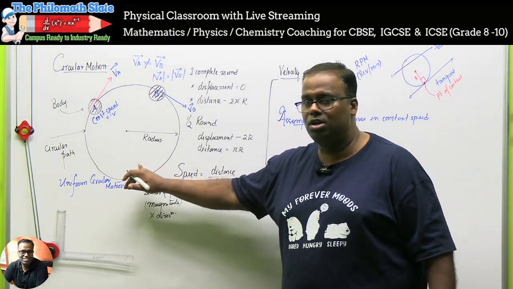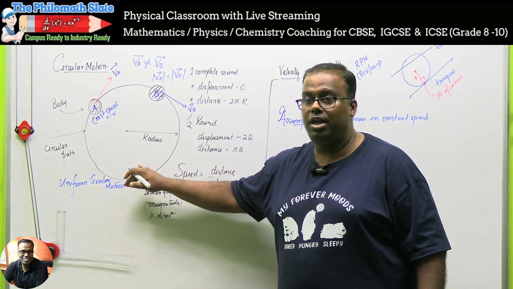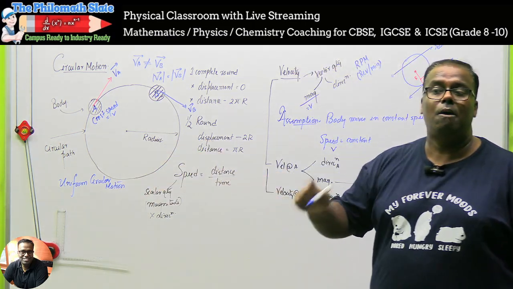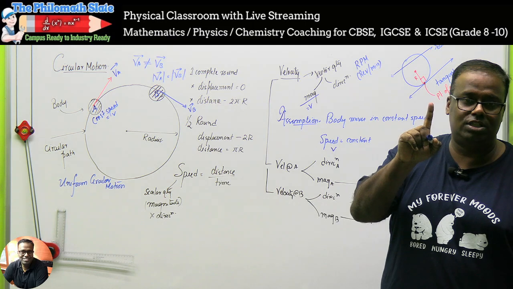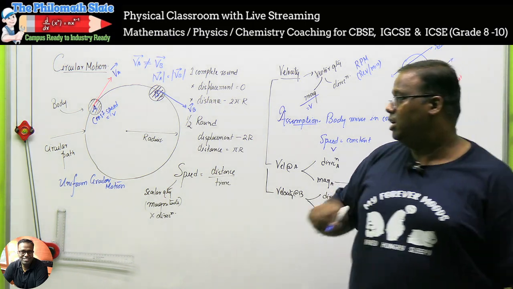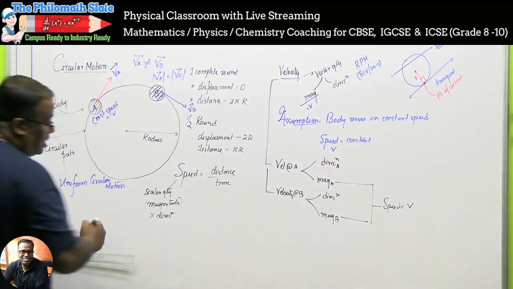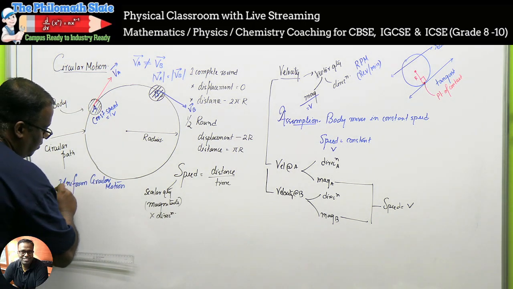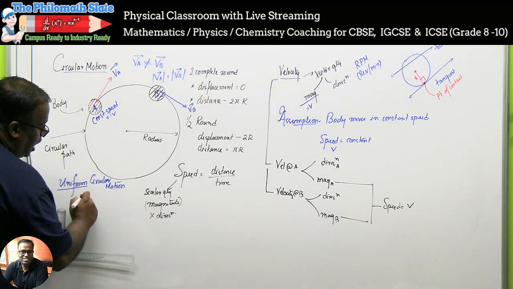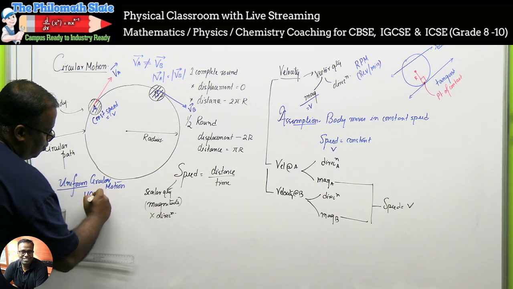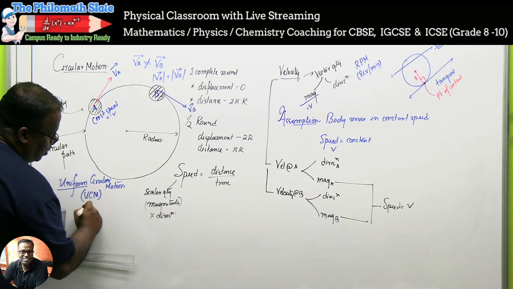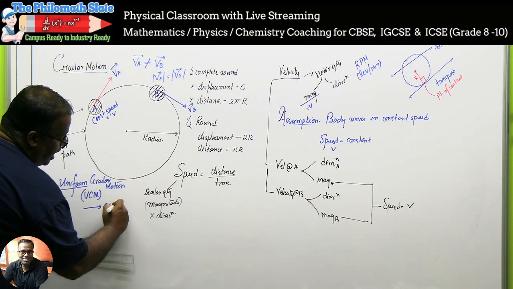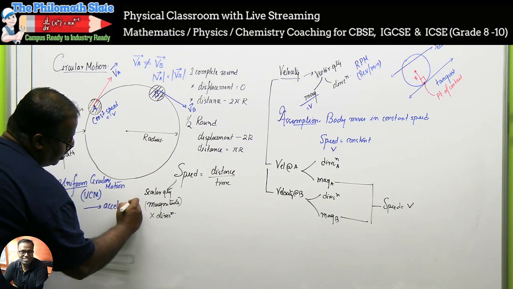In uniform circular motion, it is constant speed but not constant velocity. This comes as a true or false question. If it is not constant velocity, here is something your heart will find very difficult to absorb. Although I have got the word uniform out here, I will write uniform circular motion, which is UCM. I will write UCM is an accelerated motion.